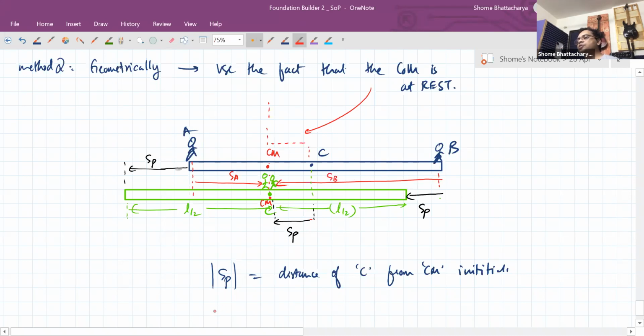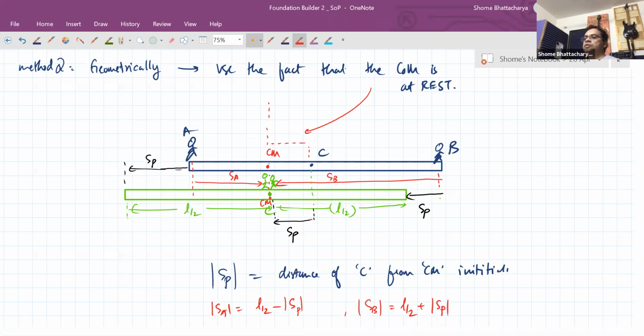The magnitude of A's displacement will be half the length of the Plank minus the displacement of the Plank. And B's displacement's magnitude will be L by 2 plus mod of S, which you can see is this.